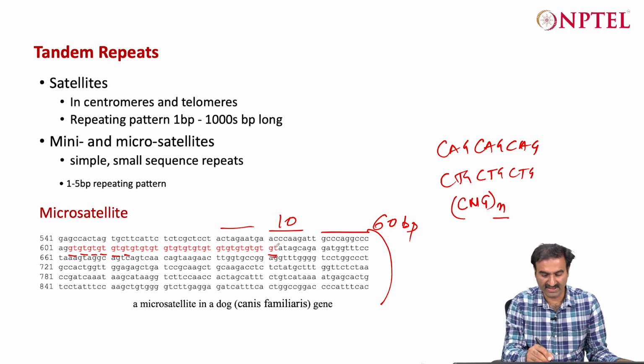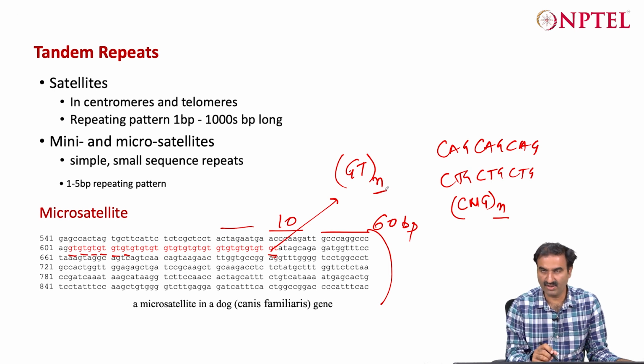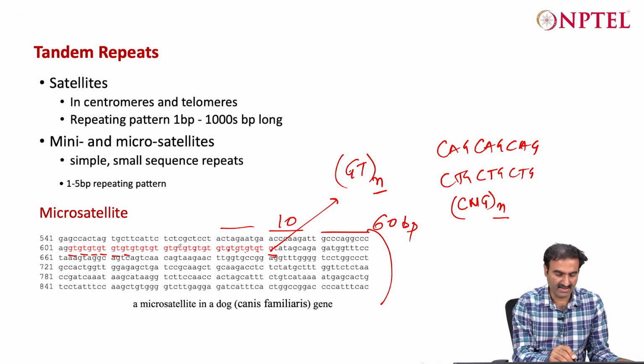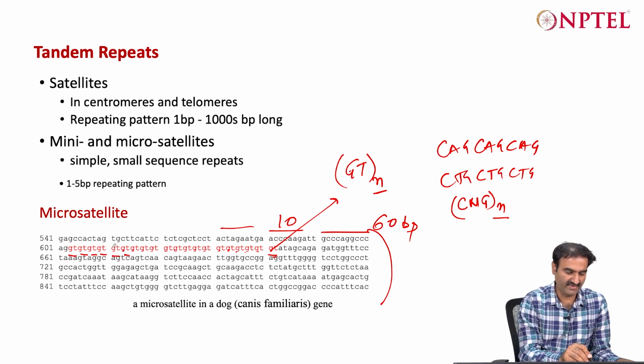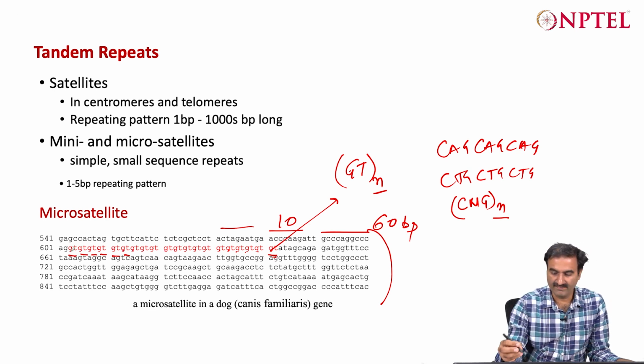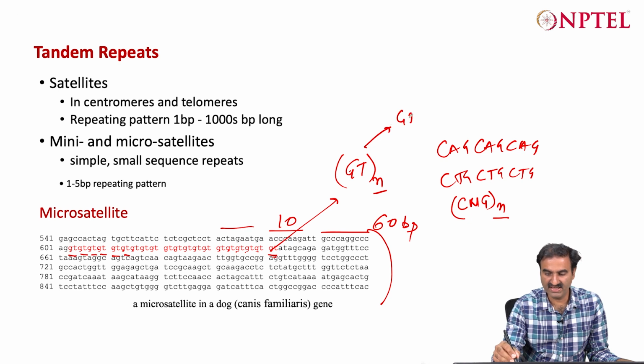Similarly, if I want to write this, it will be written as (GT)n. N will tell how many copies there are, like 1, 2, 3, 4, 5, 6, up to 20. So in this case it will be GT20. Okay.